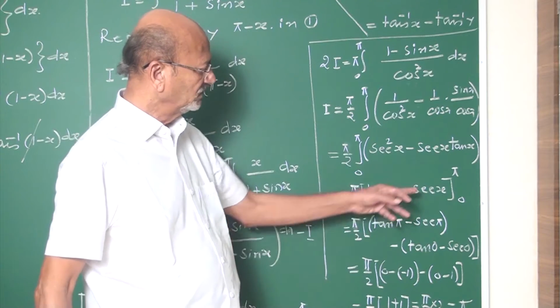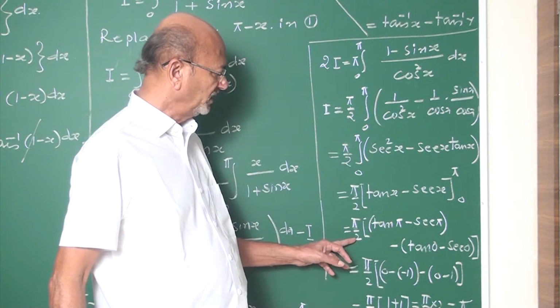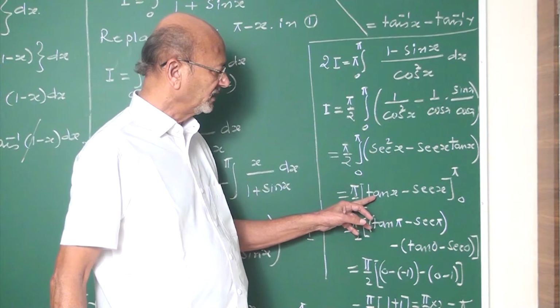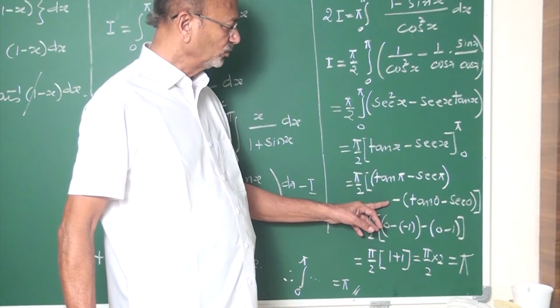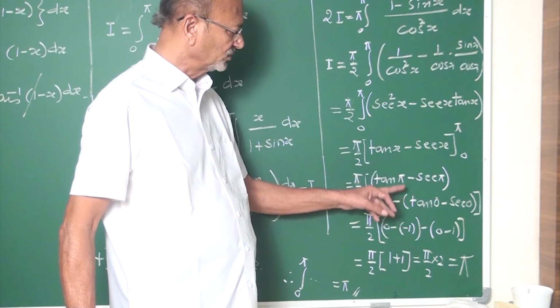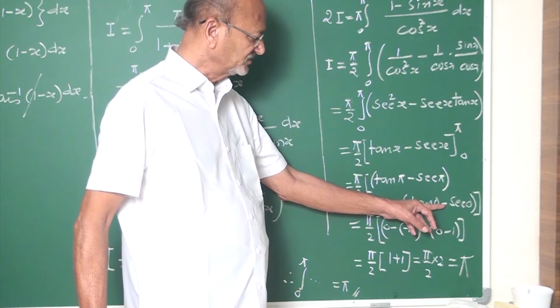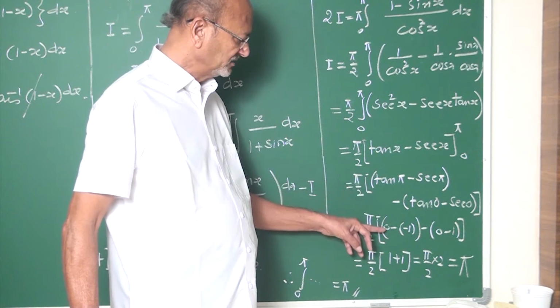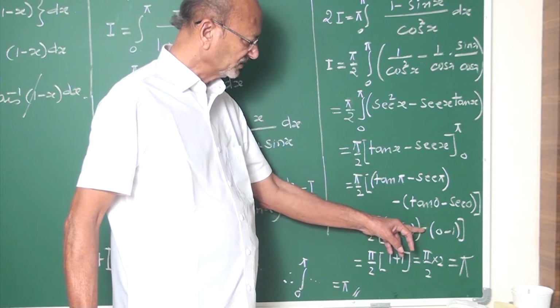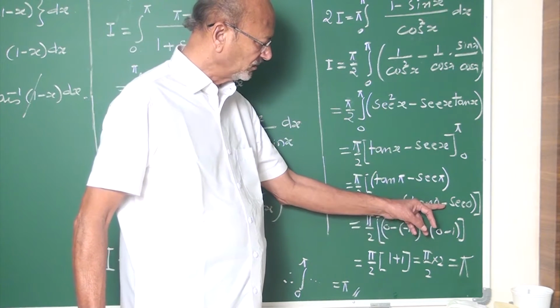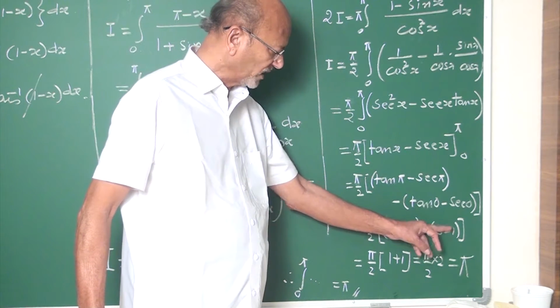Yes, my friends. Put x equal to upper limit, pi: pi by 2 into tan pi minus sec pi, upper, minus put x equal to lower, x is 0, tan 0 minus sec 0. Tan pi is 0, minus sec pi is minus 1, minus tan 0 is 0 minus sec 0 is 1.